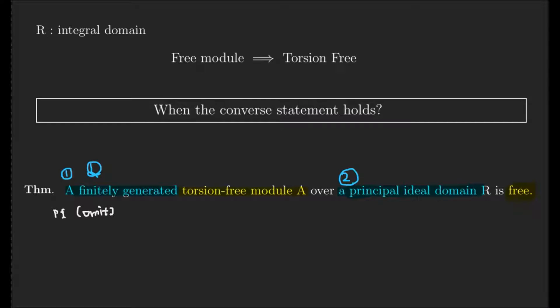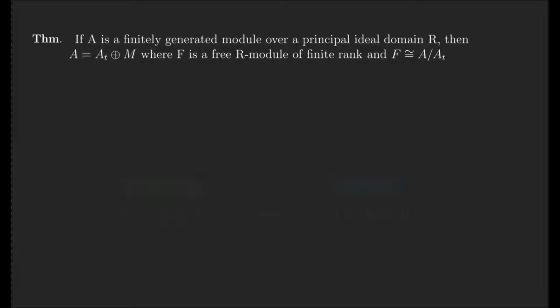When you find the proof of this statement, you can find why the principal ideal domain is necessary. Okay, so the important point of the theorem is that in order to satisfy the converse statement, these two conditions are necessary. Then we can get the following theorem.